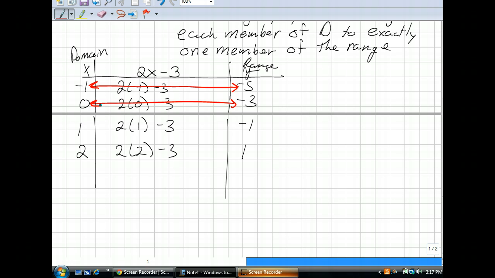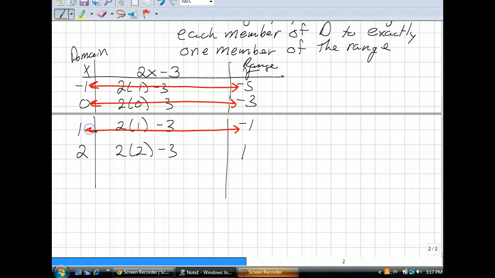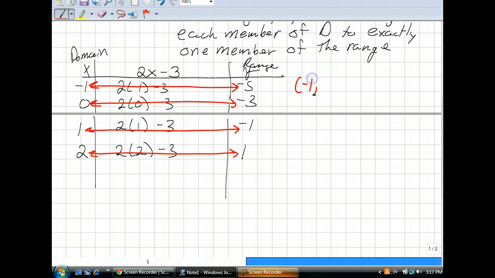So 0 maps directly to -3, 1 maps directly to -1, and 2 maps directly to 1. Okay, so when we write ordered pairs, the x value is our domain value, the y value is our range value.